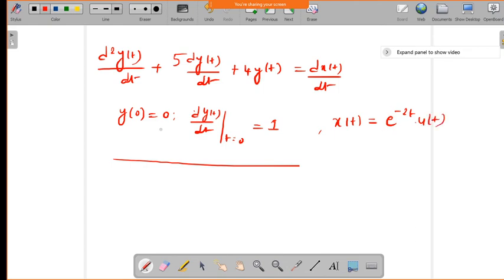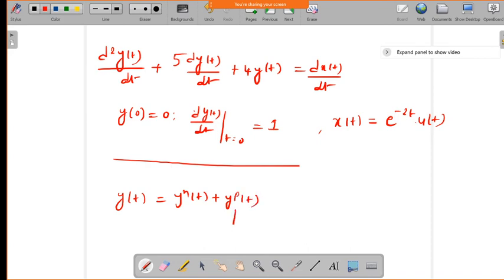Okay. So, now first find out the natural response, then find the particular integral for the particular input which is given, and we will get the complete response. So, now the complete response will be equal to the natural response plus particular integral.